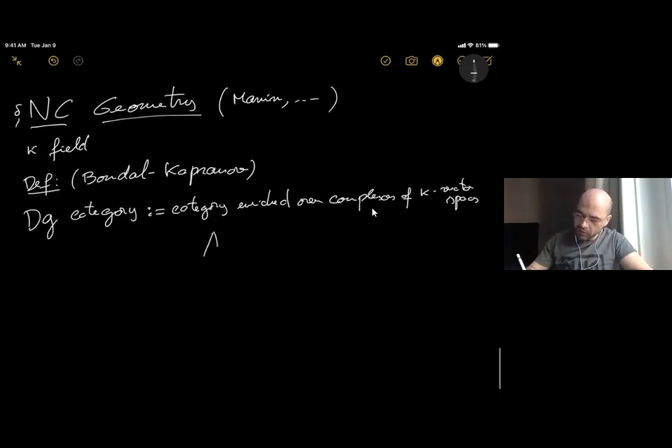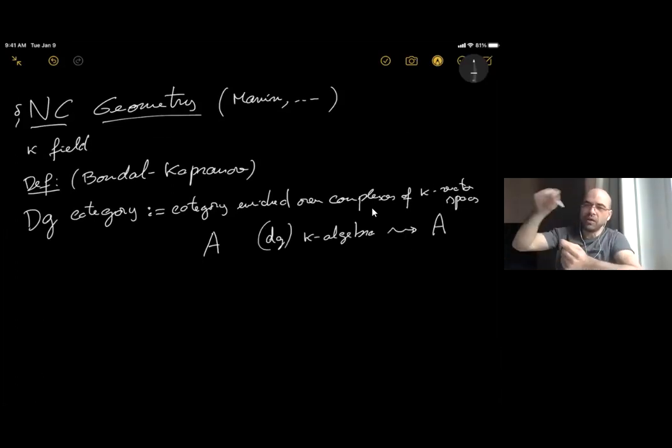Well, if you have an algebra, or more generally a differential graded algebra, then this gives rise to a DG category with a single object where the endomorphisms is that DG algebra or algebra. So you can also think about a DG category as a DG algebra with several objects if you want. Everything that comes from algebra gives rise to a DG category, and also everything that comes from geometry.